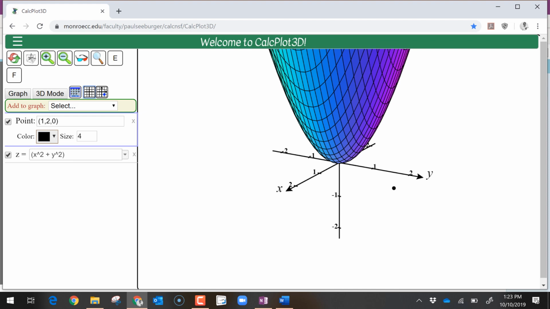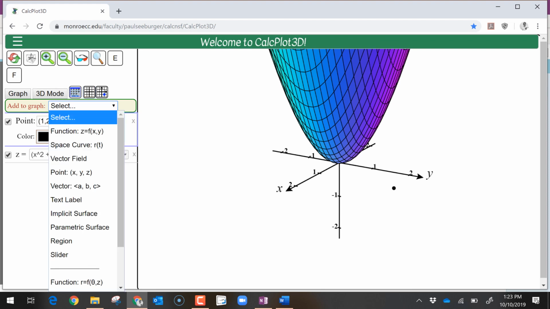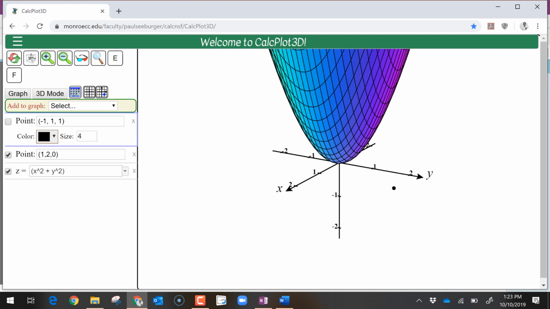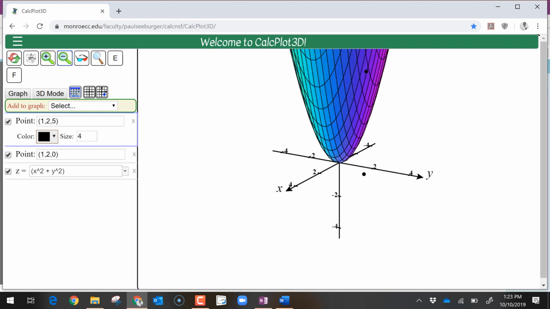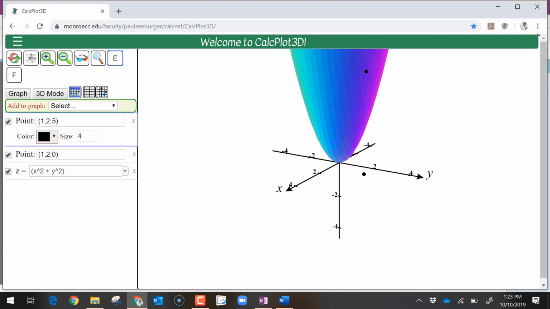But this is my point down on the domain on the XY plane. And then if I were to figure out where my point is, it would be up here. Can't see it, so let's zoom out a little bit. There it goes right here. You see that point? That is directly above the point 1, 2 on the XY plane.